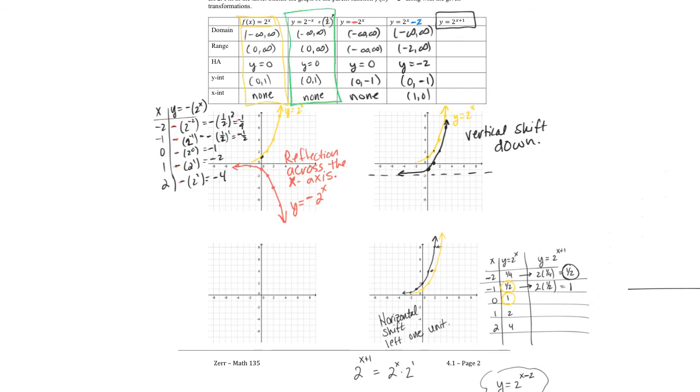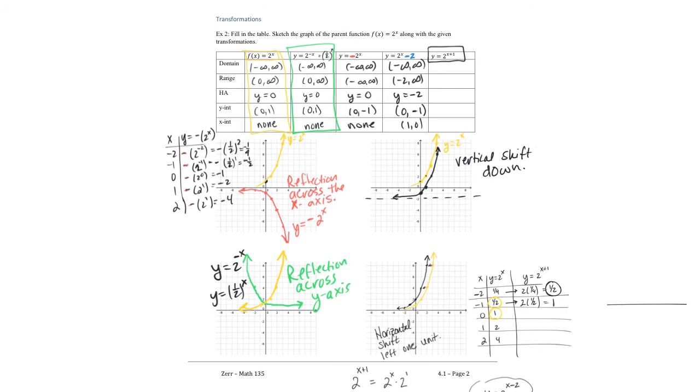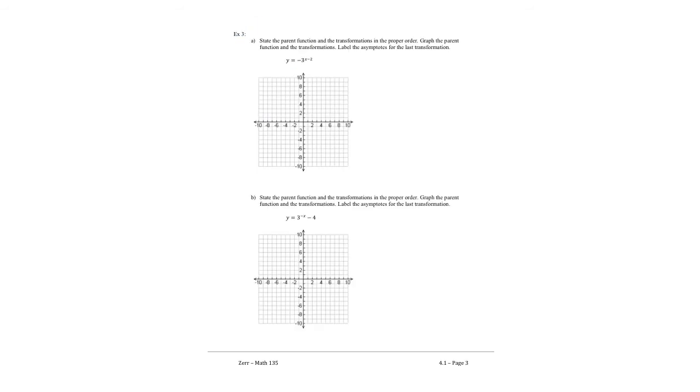And remember, that's the reflection across the y-axis. Okay, so there are our transformations of exponential functions. So let's do a couple more examples.